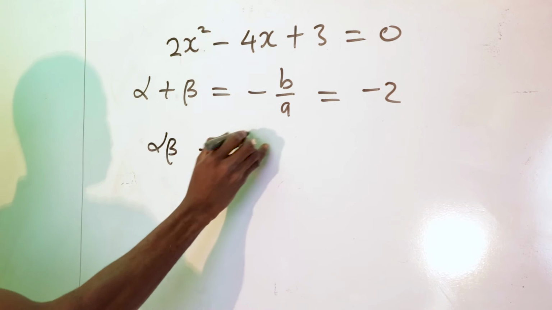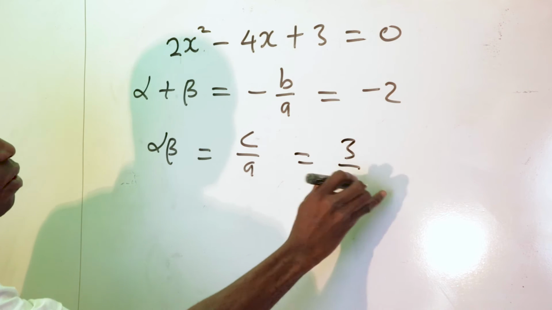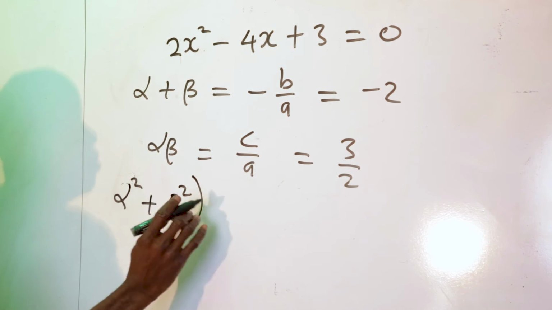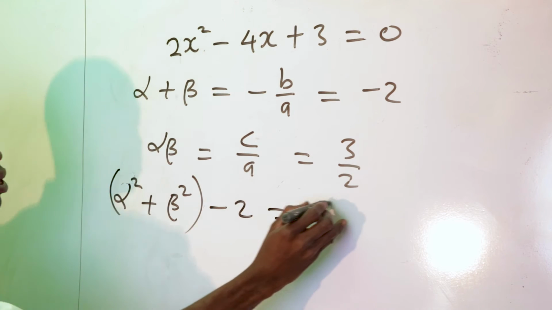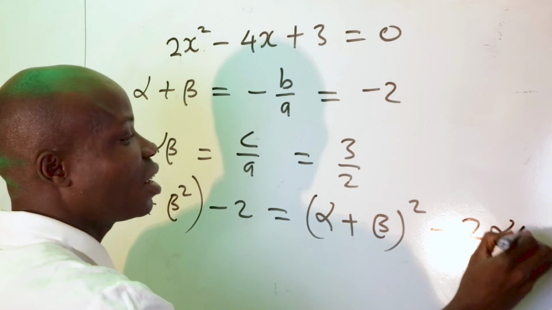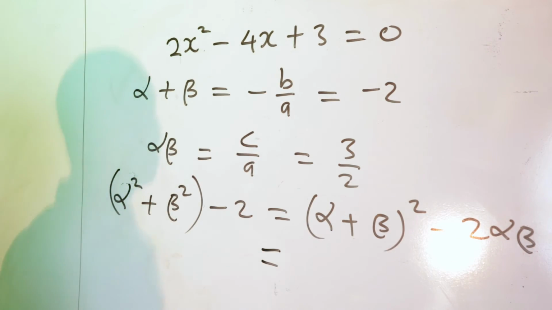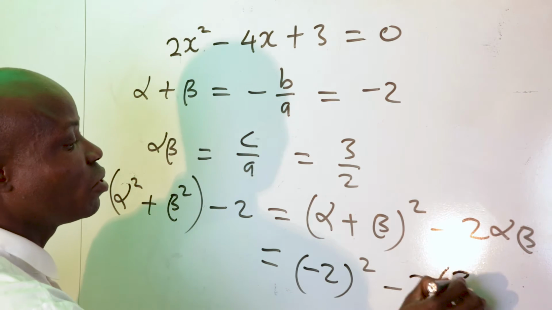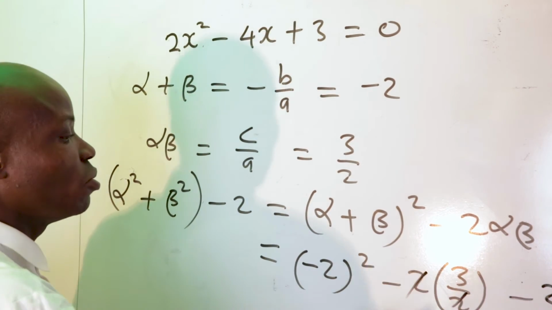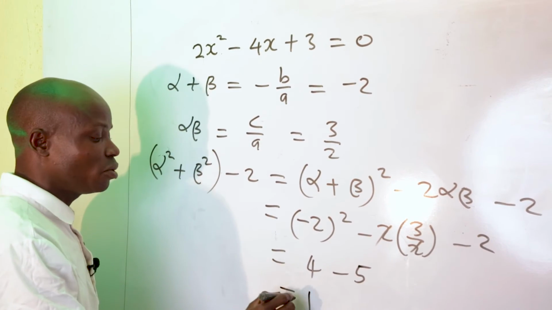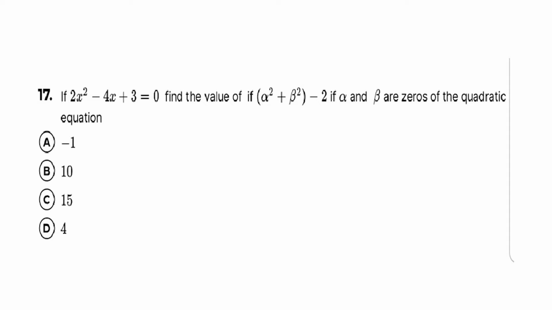And the product, alpha beta, equals c over a, which is 3 over 2. So alpha squared plus beta squared minus 2 is expressed as alpha plus beta squared minus 2 alpha beta minus 2. And that gives us 2 raised to power 2 minus 2 into 3 over 2 minus 2. 2 cancelling 2 here, the result gives us 4 minus 5, which is minus 1. And the correct option in number 17 is option A.